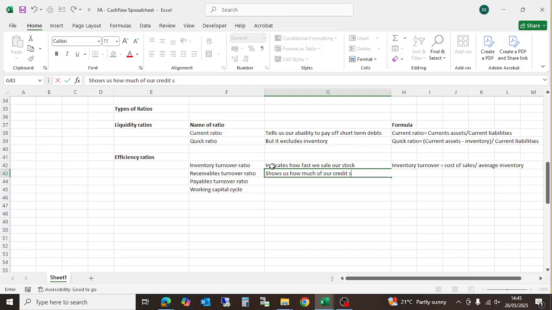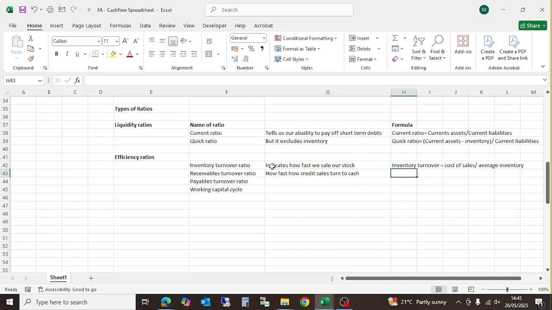Let me just change the wording: how fast our credit sales turn into cash. What I mean is how fast our credit customers pay for the goods.